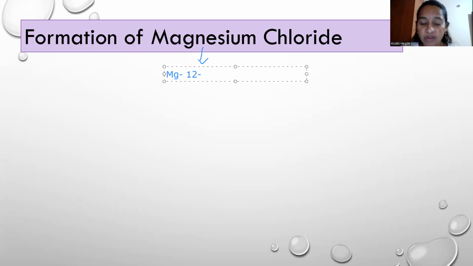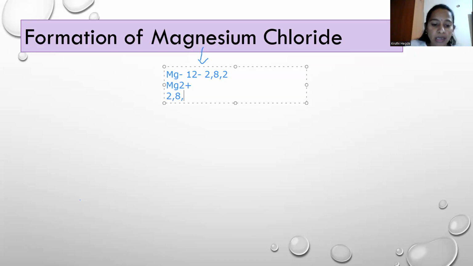Electronic configuration, shall we write? 2, 8, 2. So it is ready to lose 2 electrons. If it loses 2 electrons, it forms Mg2 plus with the electronic configuration 2, 8.